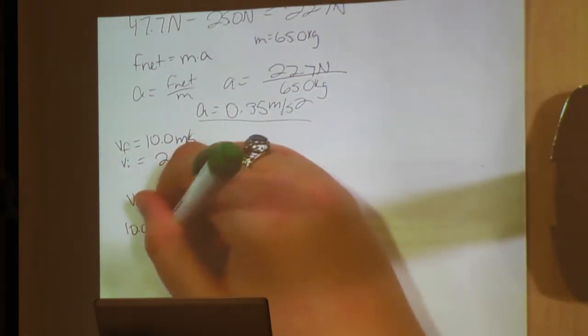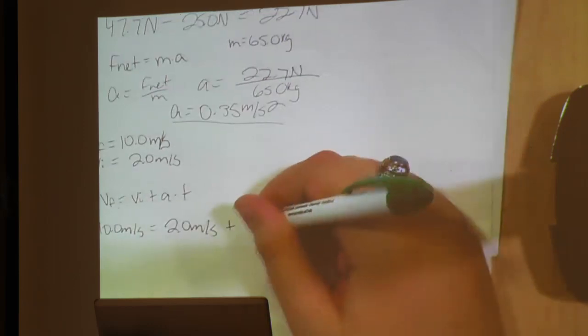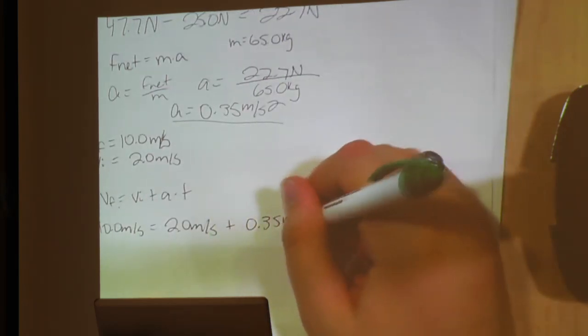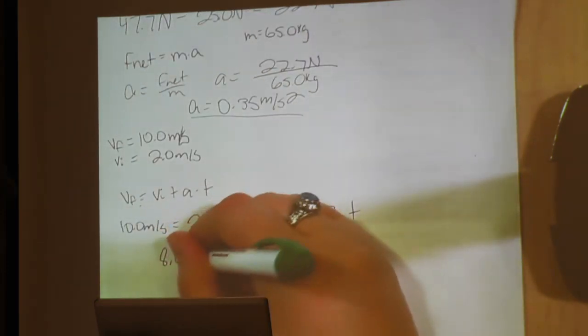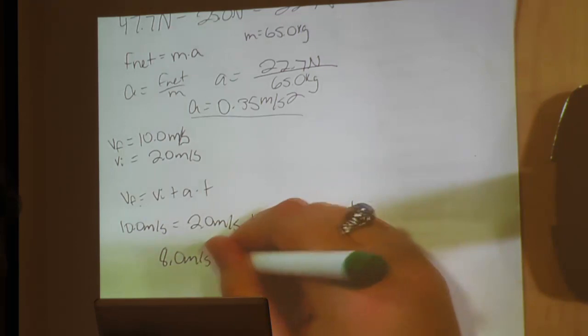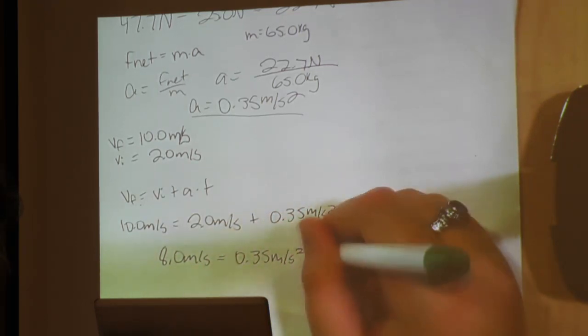So we just do 10.0 meters per second is equal to 2.0 meters per second plus the 0.35 meters per second squared times time. Okay? So we get 8.0 meters per second is equal to 0.35 meters per second squared times time.